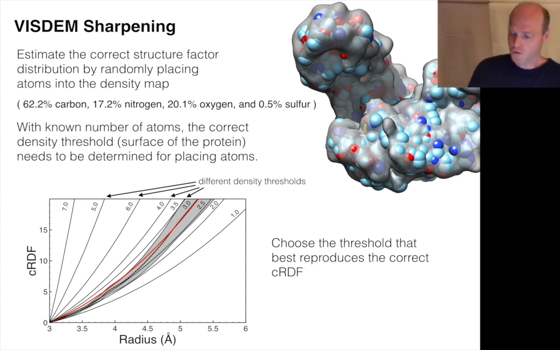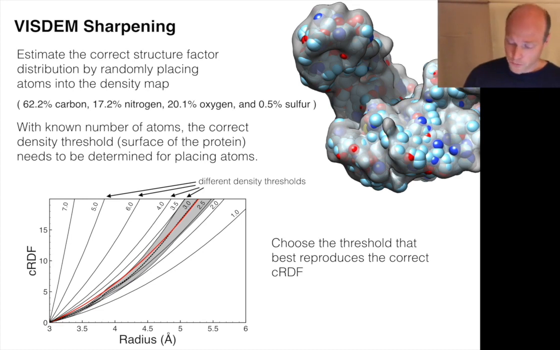Here we use the fact that we have already the density map and place atoms randomly directly into the reconstruction that we have. And since we are looking at proteins, we're placing already the correct ratio of carbon, nitrogen, oxygen, and sulfur atoms. So we have already the right mixture of atoms, and we have a reasonable packing density.